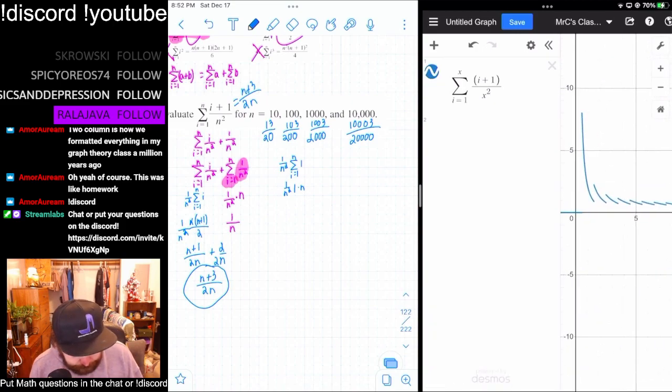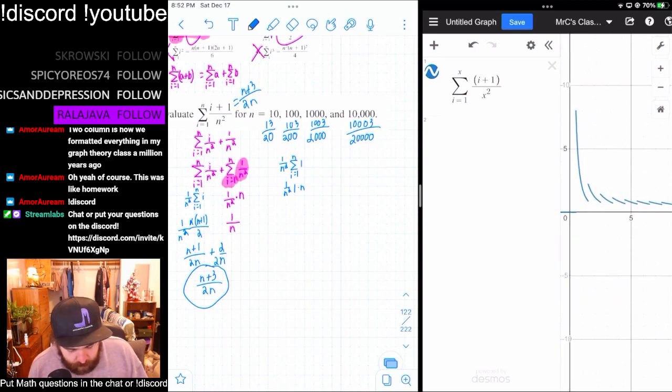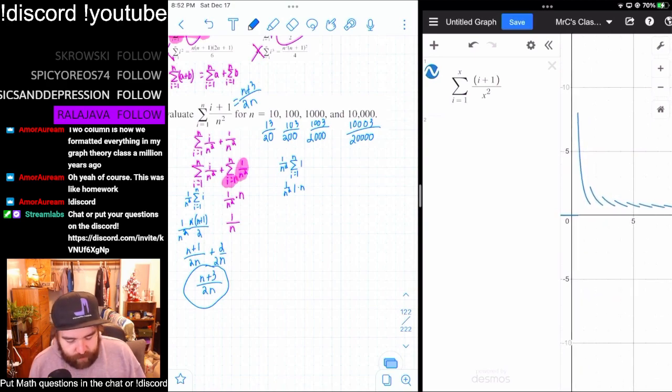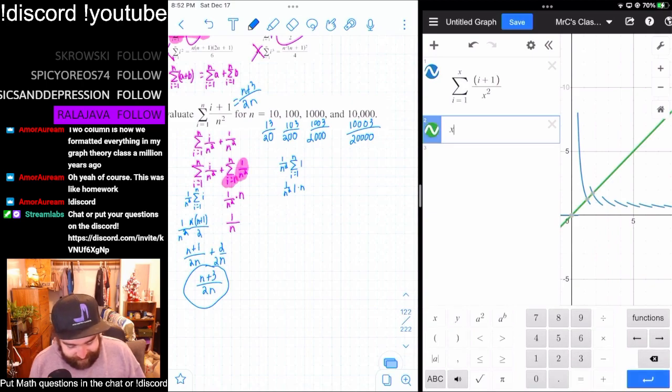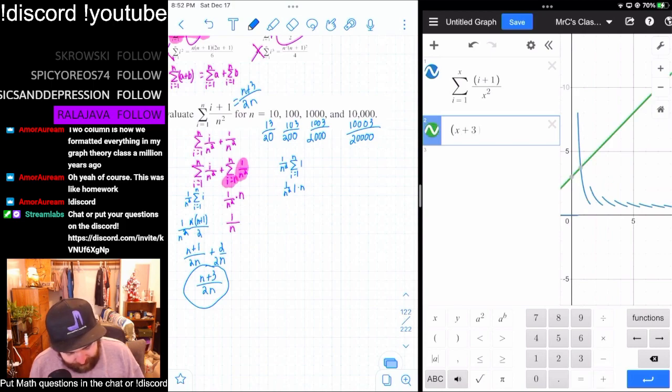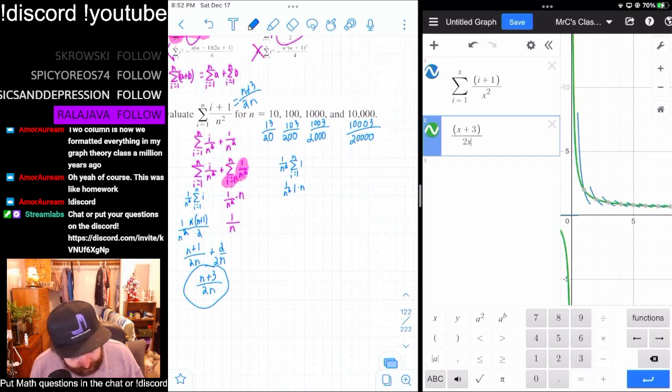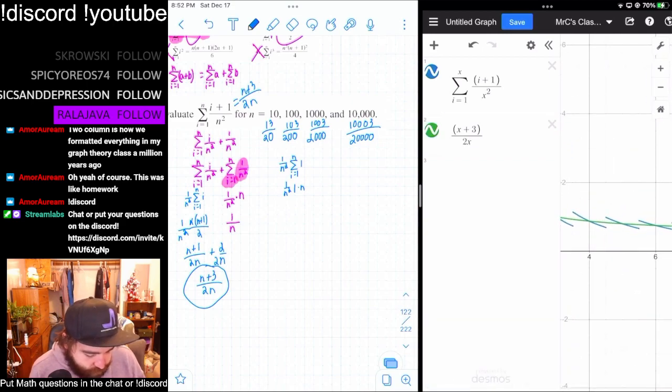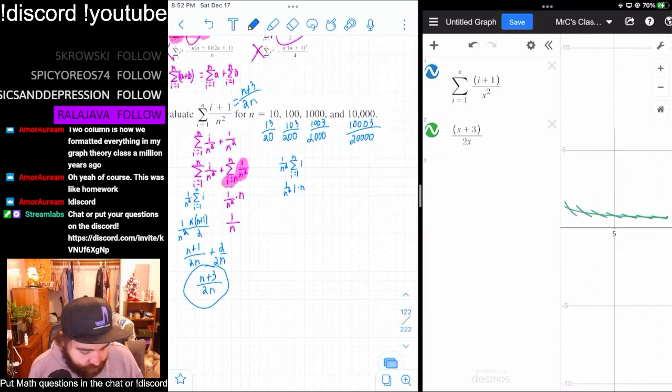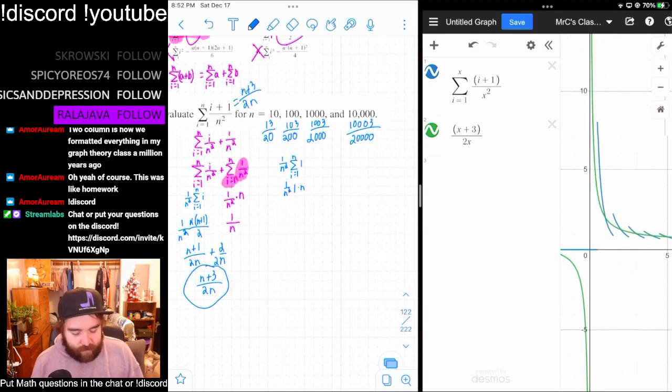Okay. So that's a little concerning, there's no way this is going to look exactly the same because of the weird jumps and stuff. Maybe that's okay. So x plus 3 divided by 2x. Oh, yeah, no. Look at how that's going to be right on for the integers. Yeah, that's going to be perfect.